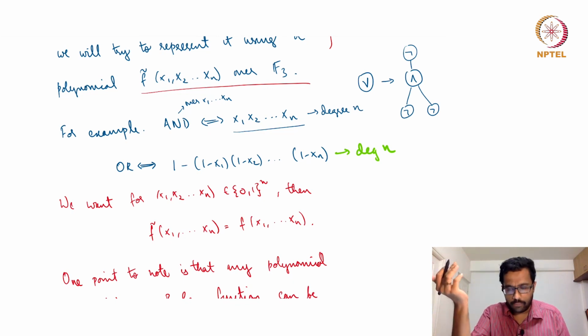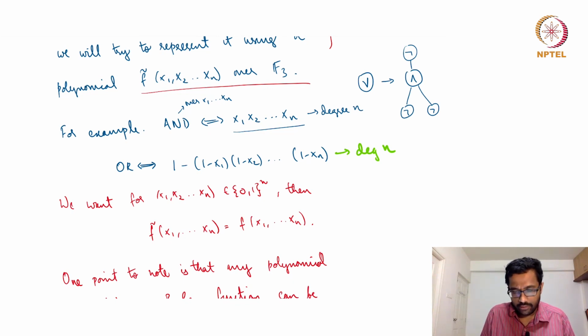But these are polynomials, so you can even apply them when the inputs are not 0 1. So when x1, x2, everything is 2, then this gives us something, right? What I am saying is these are polynomials that have other outputs when the inputs are outside the 0 1 range. But the point is that we don't care about that.